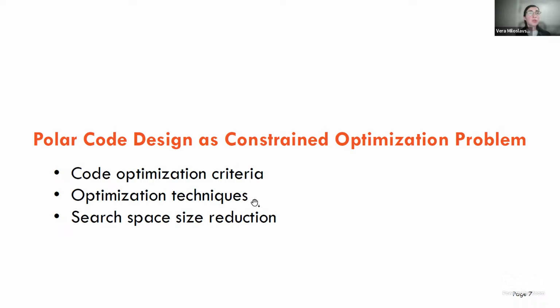We want to use optimization criteria that are meaningful and at the same time easy to compute. Then we will find appropriate optimization techniques for such criteria. And we want to reduce the search space size so that our solution, maybe a local optimum, would approach the global optimum.